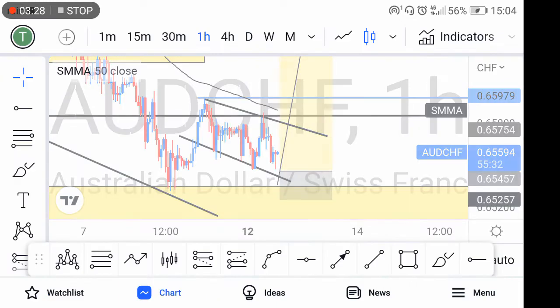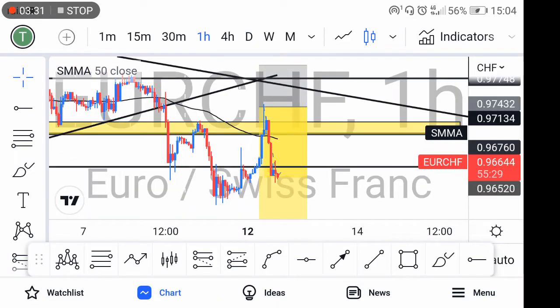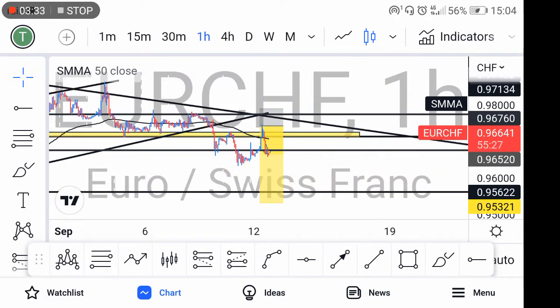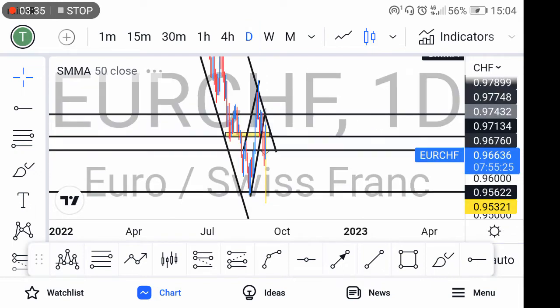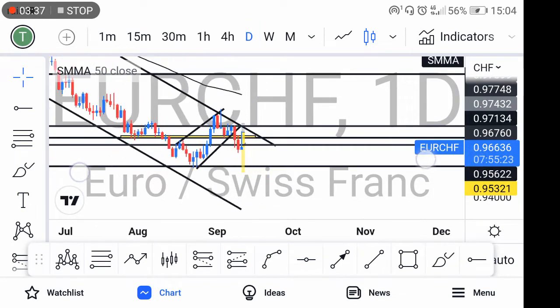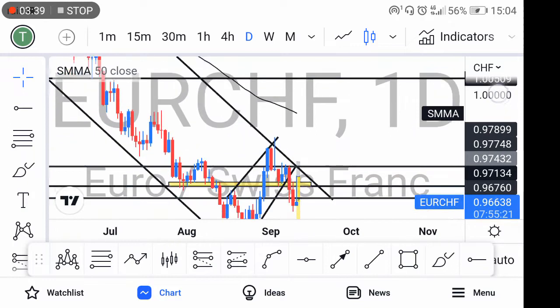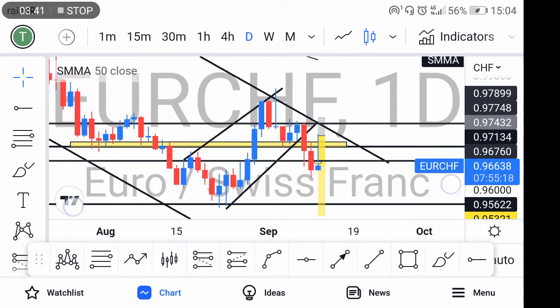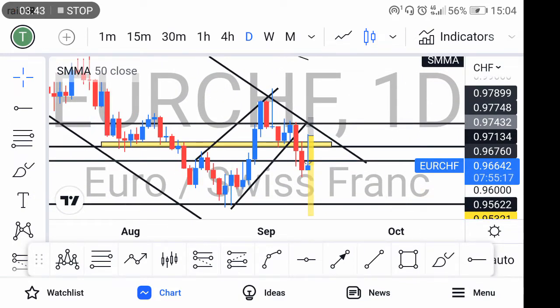Another pair, Euro CHF. On Euro CHF, guys, let's go on 1 hour. We can see we're in an overall bearish trend. So let me reduce some of this, so guys will be able to understand.